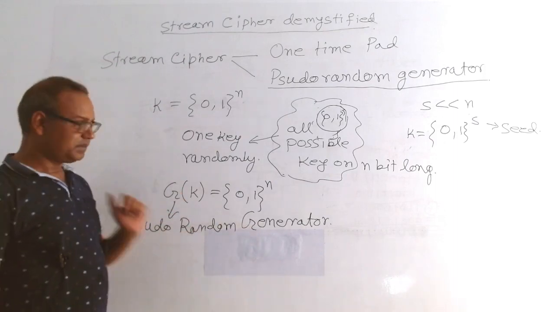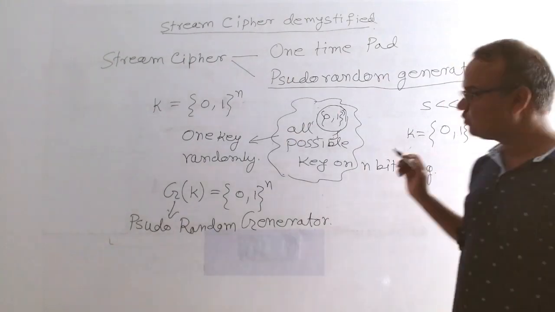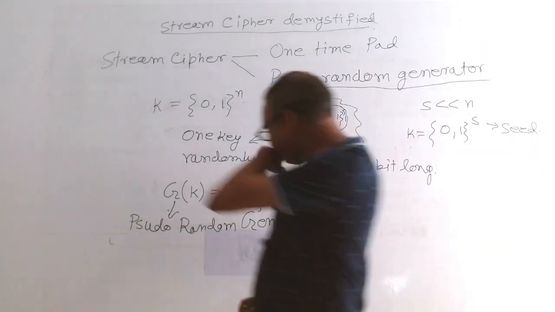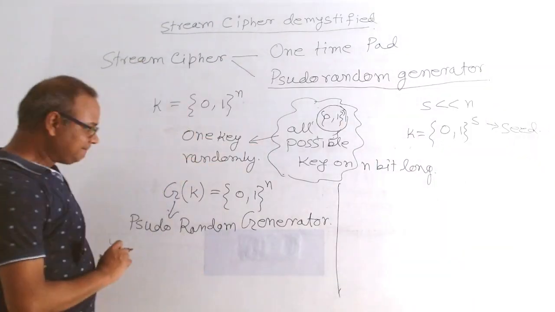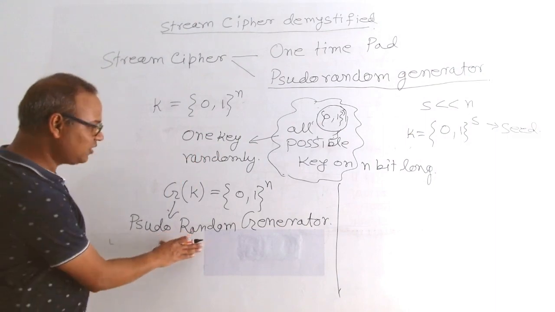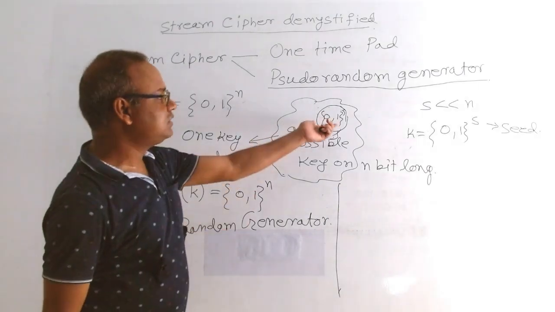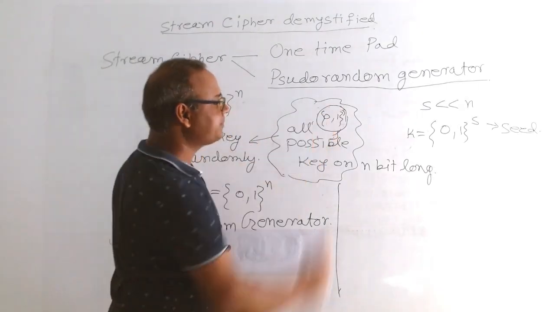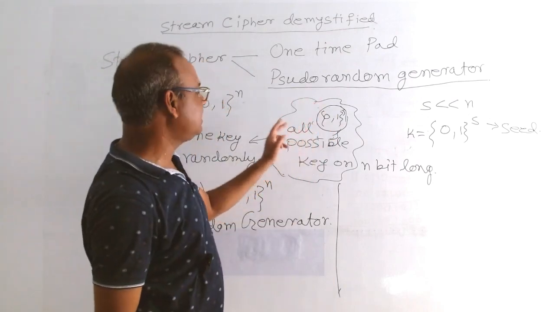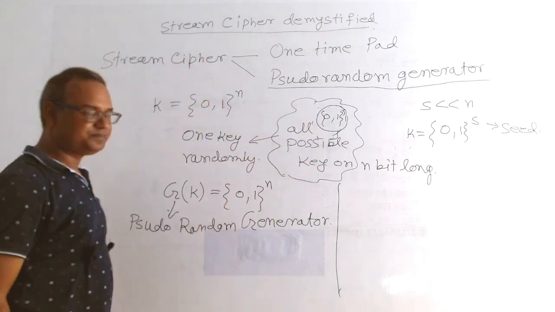So now coming to the definition of pseudo random. Okay, what is pseudo random? Here we can write, pseudo random generator is n bit long. If we generate from the small space, obviously the probability of getting any element is not 1 by 2 to the power n.